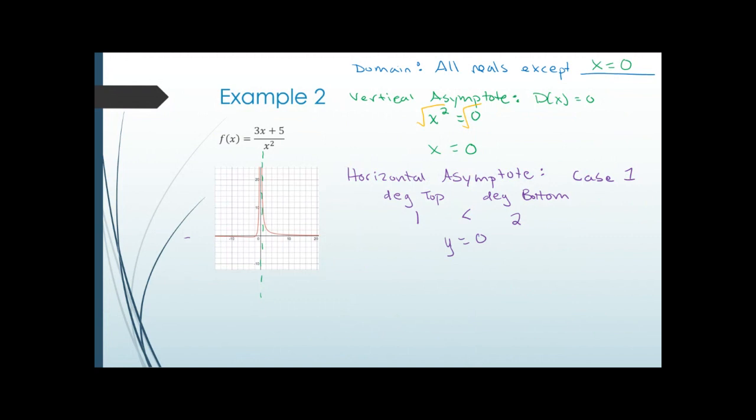And you can see that if I draw a line at y equals 0, our graph starts to look horizontal as you go towards the edges. So now we have found the domain, the vertical asymptote, and the horizontal asymptote.